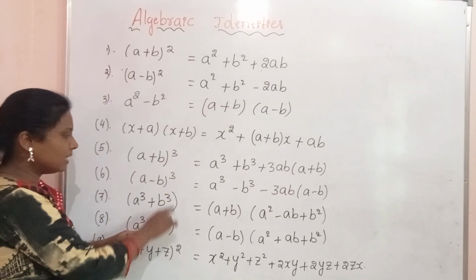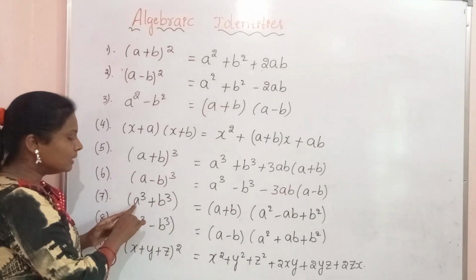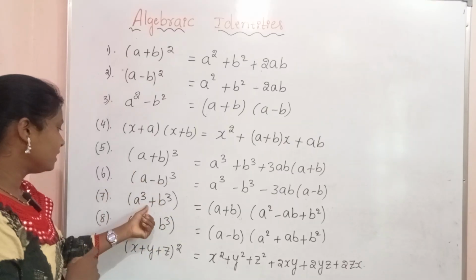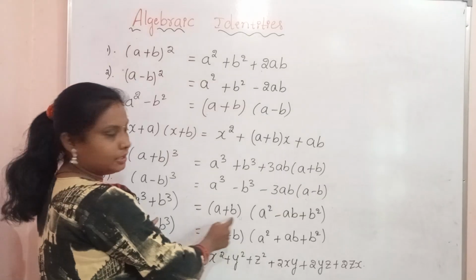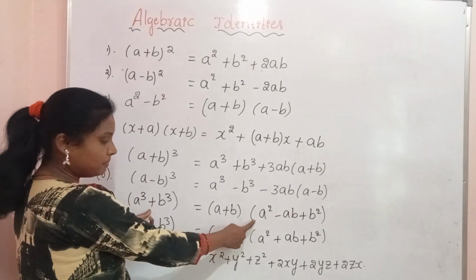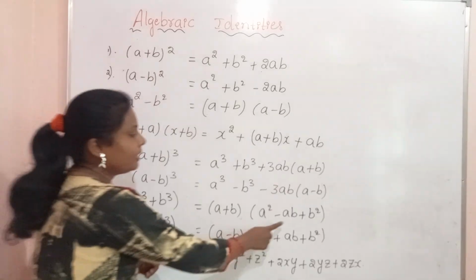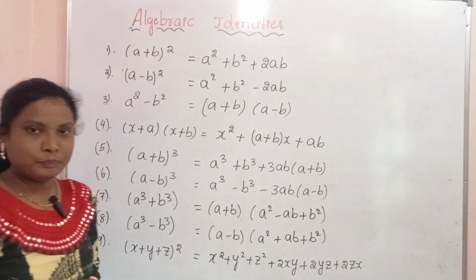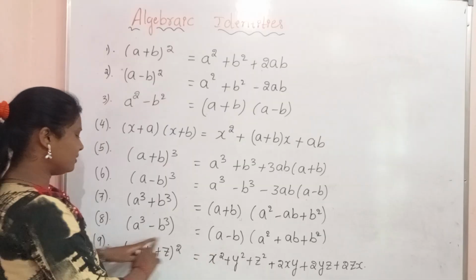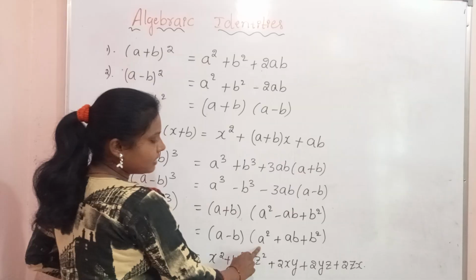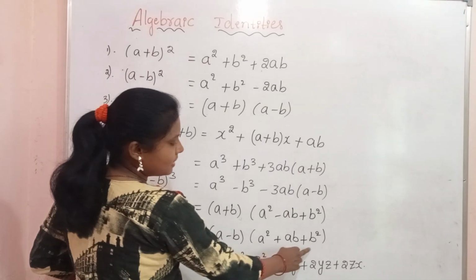Observe here, this is all cube. We are saying a cube plus b cube equals (a plus b) into (a square minus ab plus b square). Here it is plus, so you need to make a change: minus ab, plus b square. Same thing here also, here it is minus, so you will write a minus, then a square plus ab plus b square.